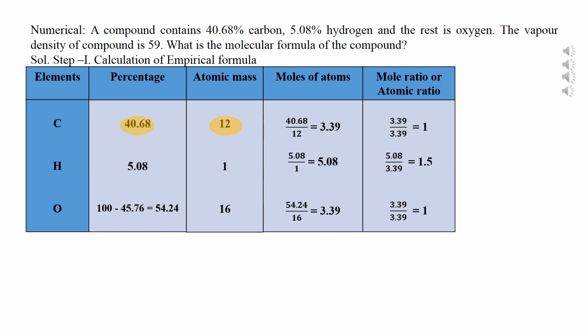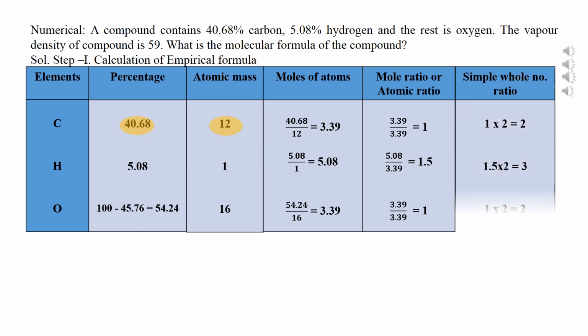Now let's make the values obtained in the previous step to the nearest whole numbers. And for this, multiply the values by a suitable integer so that the values become whole numbers.